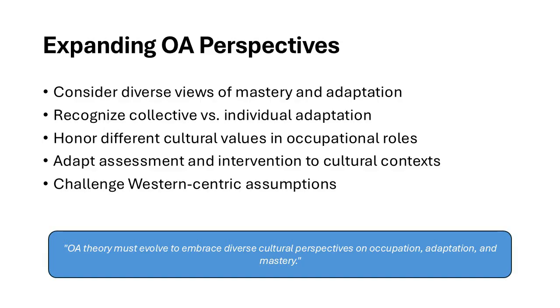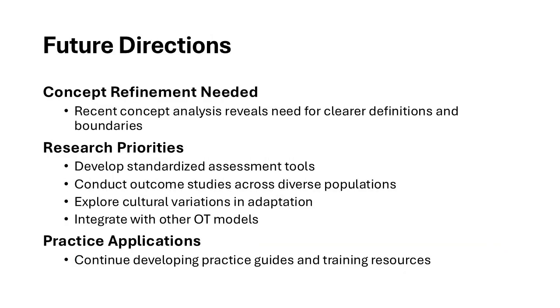Which is why that quote from the text is so important for all of us listening. Which one? The one that says, OA theory must evolve to embrace diverse cultural perspectives on occupation, adaptation, and mastery. Yes, that's the call to action. Our understanding of competence, satisfaction, has to be flexible, has to be culturally informed, always. So looking ahead, what's next for OA? Where does the research say it needs to go?